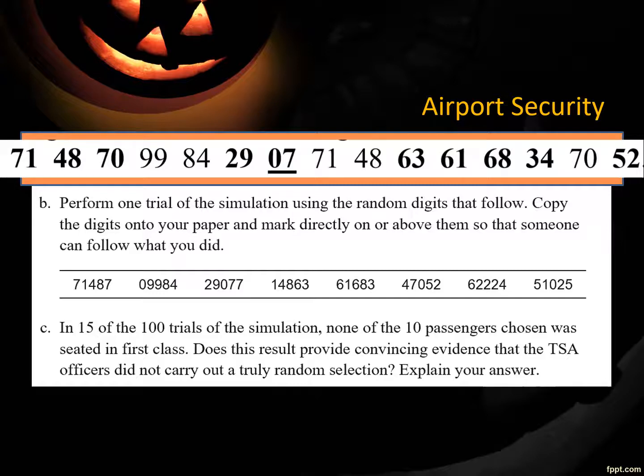So I would say, do I have convincing evidence that TSA officers did not carry out a truly random selection? No, I don't have convincing evidence. 15% of the time you will get results of 0 first-class passengers being selected. So I have no reason to believe that they have not carried out a truly random selection.